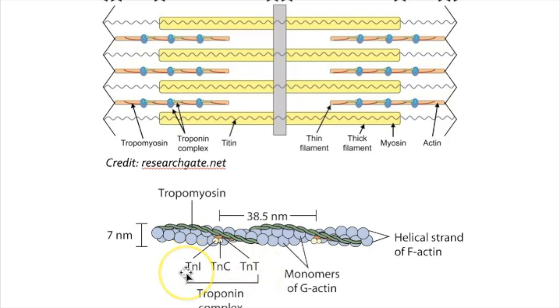It has TNI, which is the portion that binds to actin, TNT, which is the portion that binds to the green tropomyosin molecule, and TNC, which is the portion that's capable of binding to calcium. Remember, calcium plays an important role in regulating the sliding of the sarcomere, which allows contraction to occur.